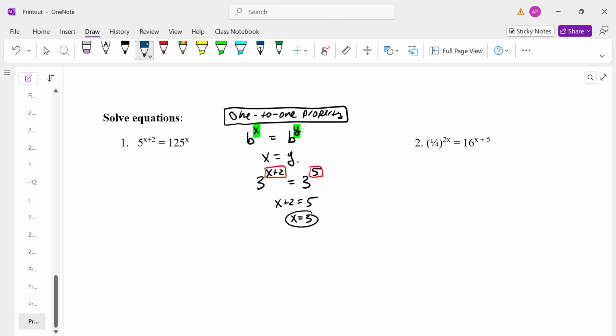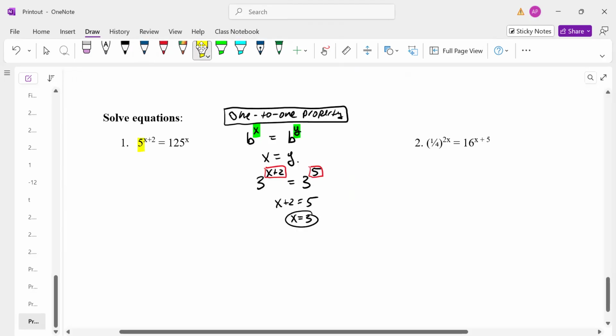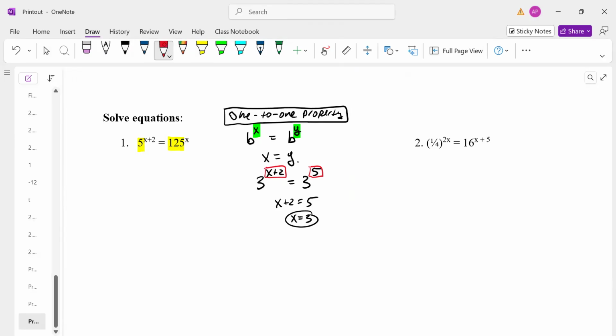However, as you can see in our first example, that is not the case. We have the base of 5, and then we have a base of 125. So what we need to do is to rewrite one of these bases in terms of the other. And we're usually going to rewrite the bigger base in terms of the smaller one. So we can rewrite 125 as 5 to the power 3.